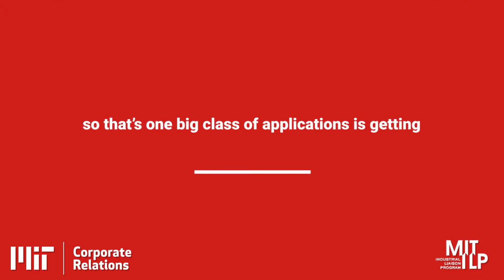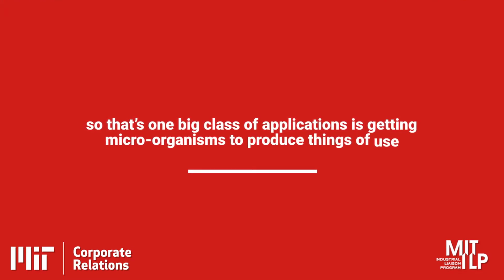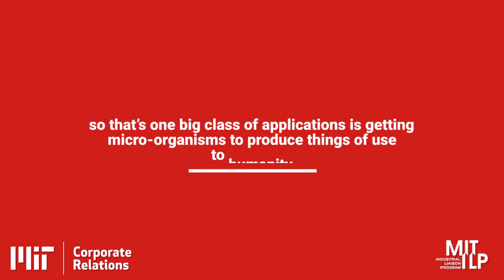Imagine being able to get away from using fossil fuels as precursors for many materials, because you can actually use microbes or microorganisms to produce the precursors for those materials, which would have, of course, effects potentially on the environment and on our natural resources. So that's one big class of applications, getting microorganisms to produce things of use to humanity.